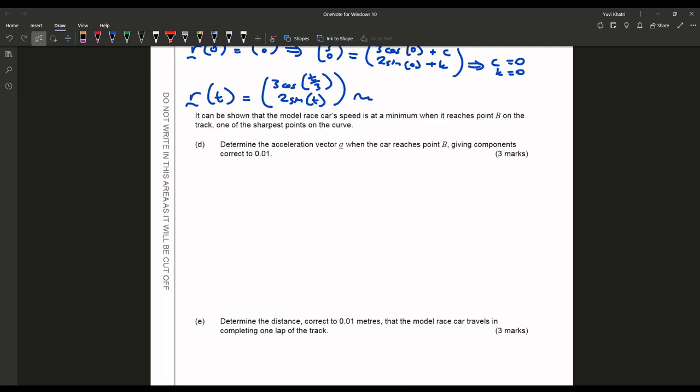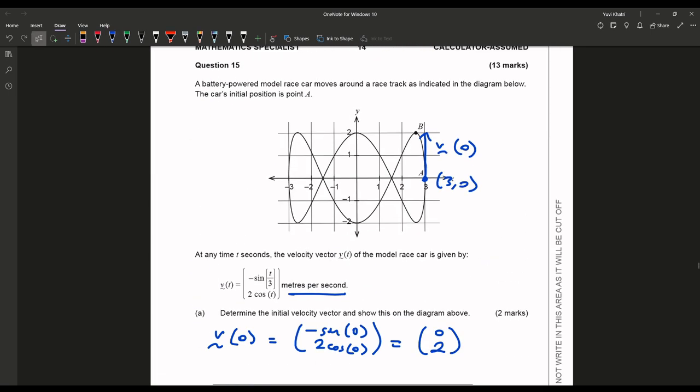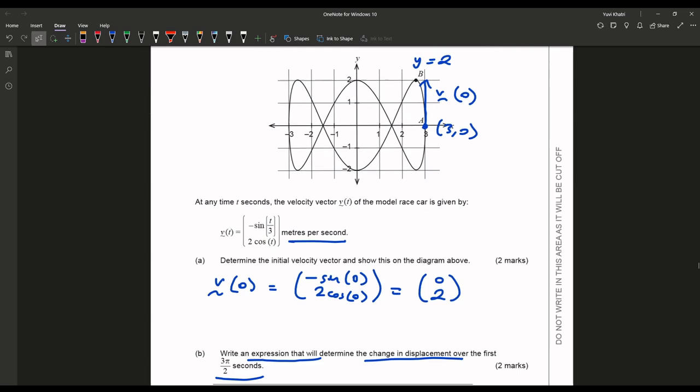Now, it can be shown that the model race car's speed is at the minimum when it reaches point B on the track, one of the sharpest points on the curve. Determine the acceleration vector when the car reaches point B, giving components correct to 0.01. Looking up here, point B is at y equals 2.